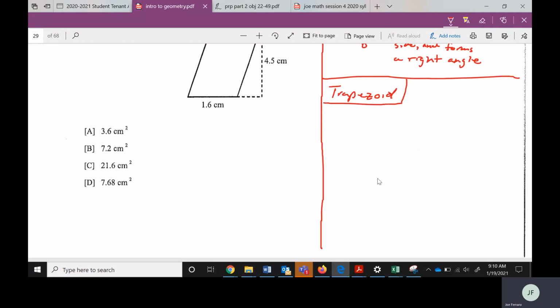A trapezoid has just one set of parallel sides, so it may look something like this. So this side and this side are parallel. We need the lengths of the parallel sides, and we'll call those A and B, and then the height is going to connect those.